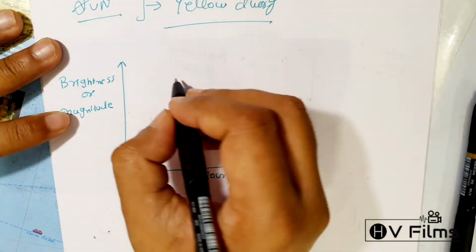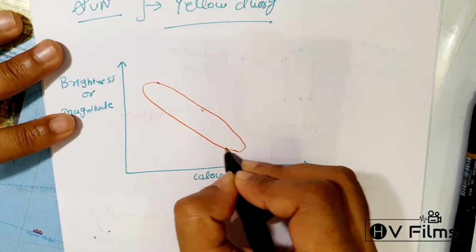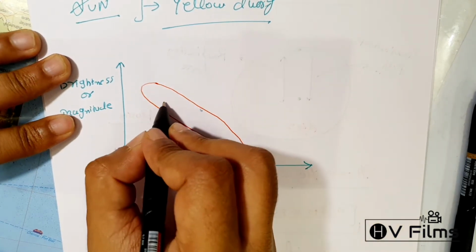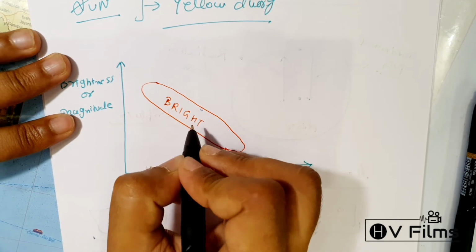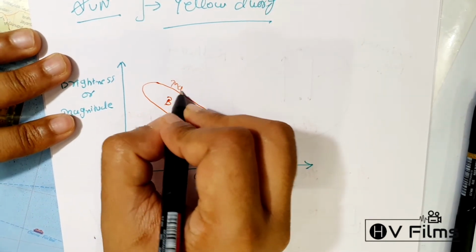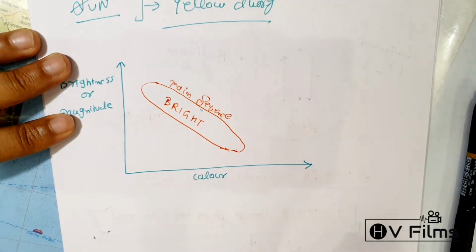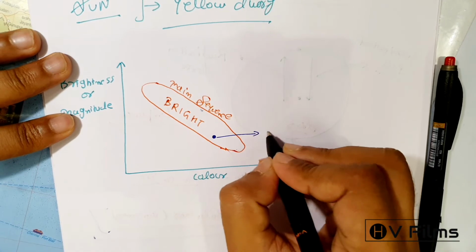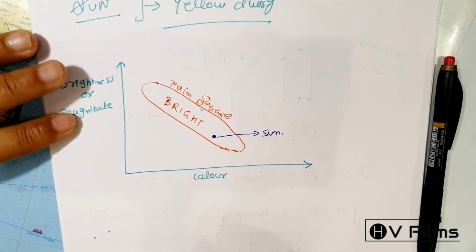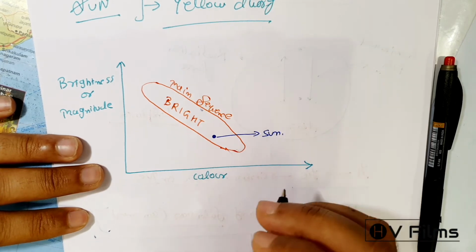So this is what we call the bright zone, and this is basically the main sequence also. Whichever star is in this zone, for example the sun is right now here, it is still in the bright zone, meaning the sun is shining. So this is basically what the graph says.